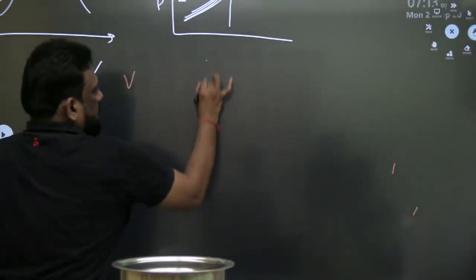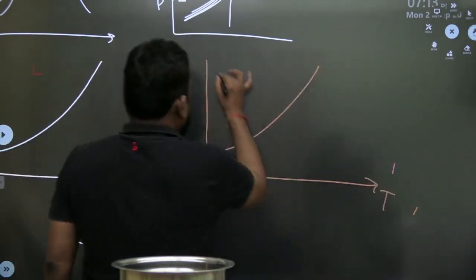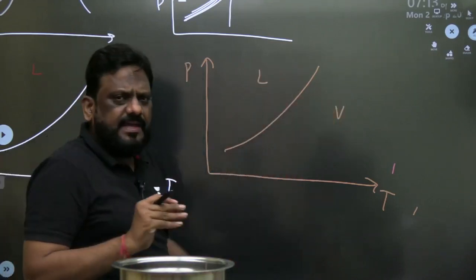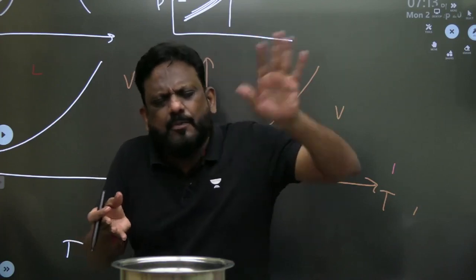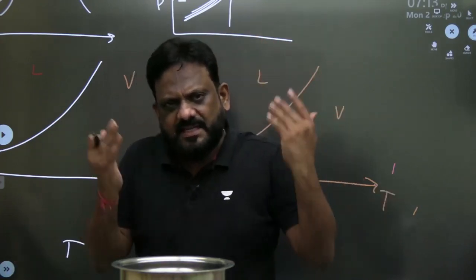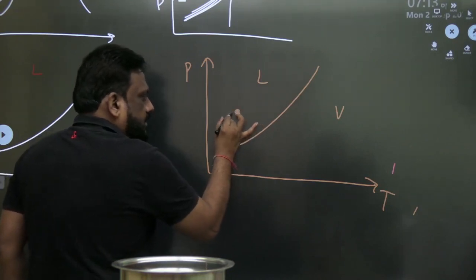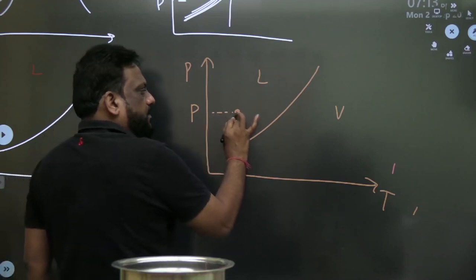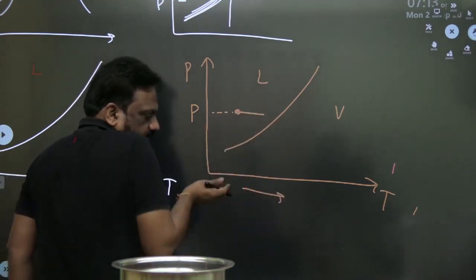Now please understand, this is our PT diagram. This is the liquid region, this is the vapor region. One way is you are heating water at atmospheric pressure. I'm not changing pressure, I'm heating, so I'm increasing the temperature. So we have a liquid, let us say at this state, the pressure is constant, and at the same atmospheric pressure you are heating. When I'm heating, the temperature is increasing, so I'm moving to the right.